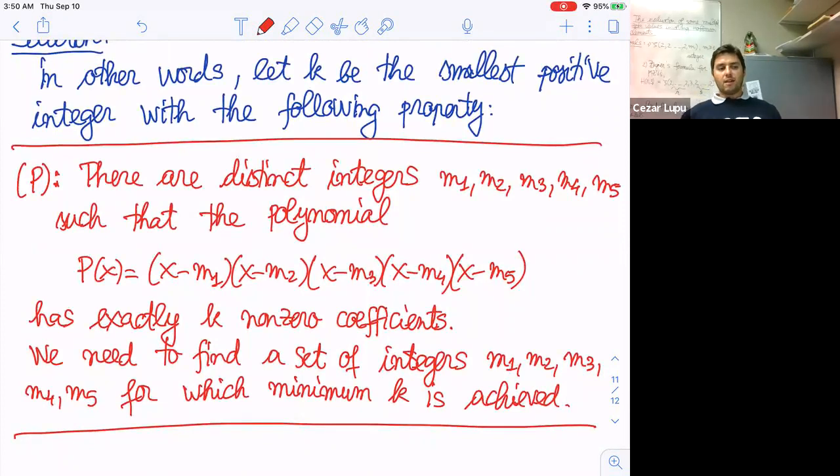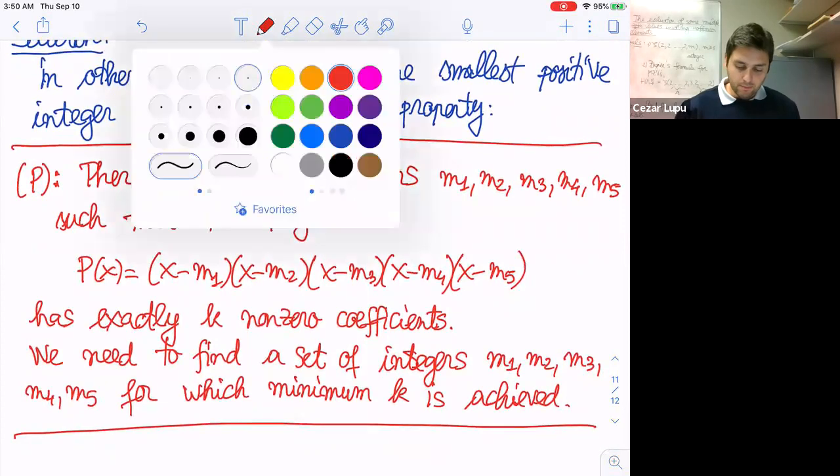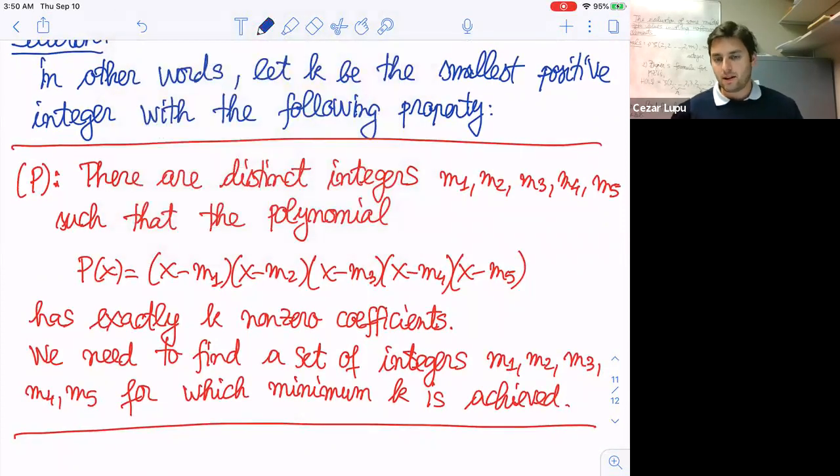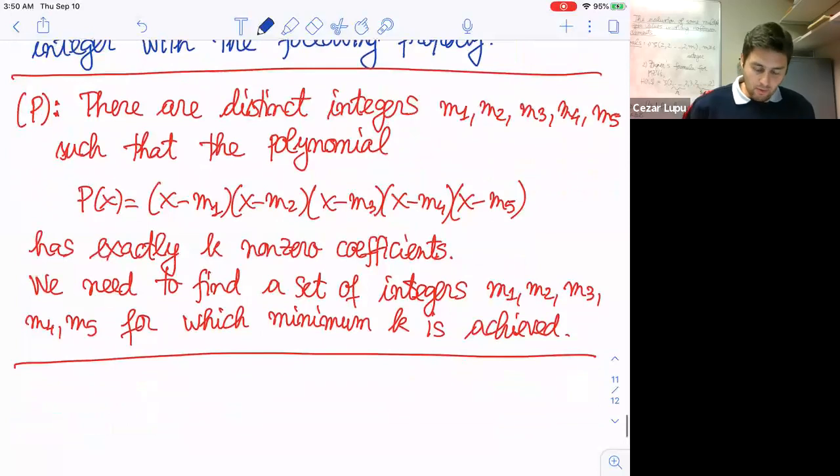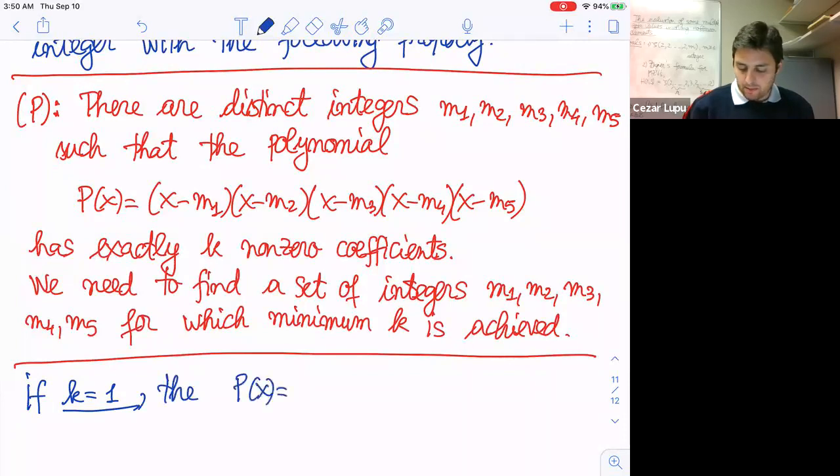And now let's analyze. It's actually simpler than you think. Let's see what happens if k equals 1. If k equals 1, then this polynomial p of x must be x to the fifth, right?